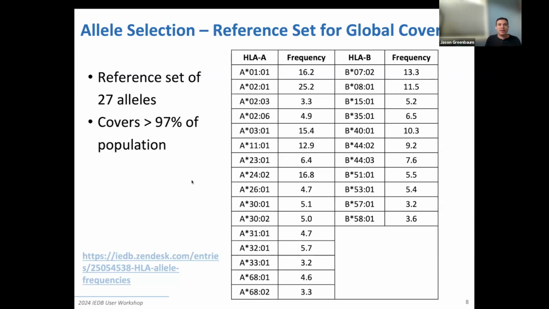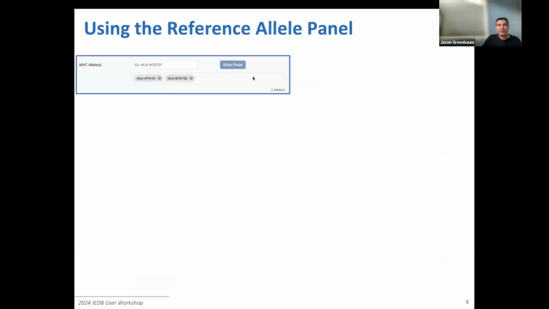And this is a set of 27 alleles that has been shown to cover about 97% of the world population. So if you have a peptide pool where one of your peptides binds at least one of each of these alleles, that peptide pool will cover about 97% of the human population.